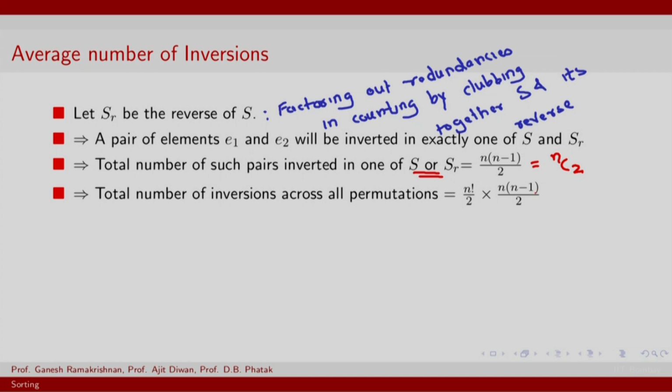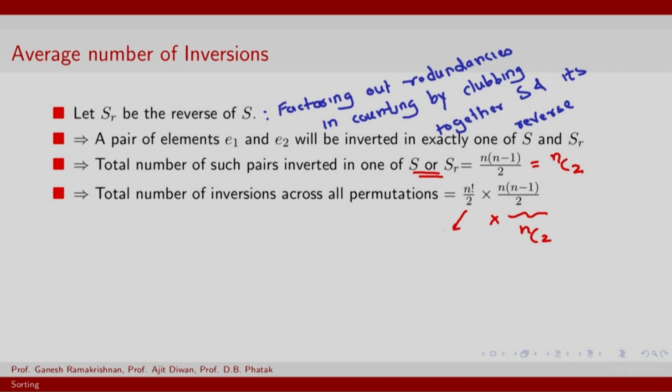So we will consider the total number of such pairs inverted in one of them, and therefore the total number of inversions across all permutations is this n choose 2 factor multiplied by the number of such sets of sequences.